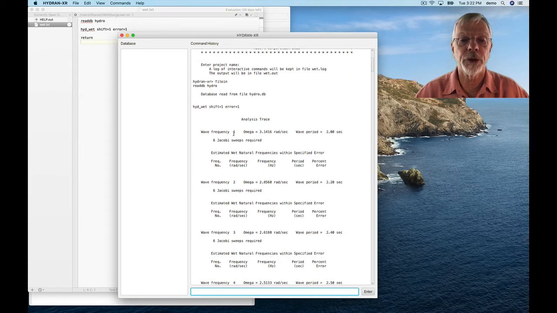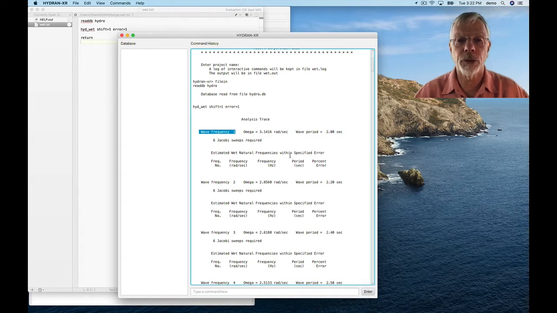So it goes through for each wave frequency, and it calculates the natural frequency, or actually I should say the eigenvalues for that equation. And if any of those natural frequencies meet our criterion, that will be listed here.